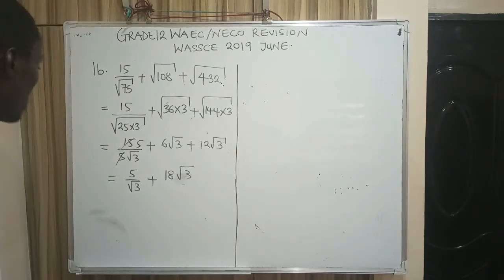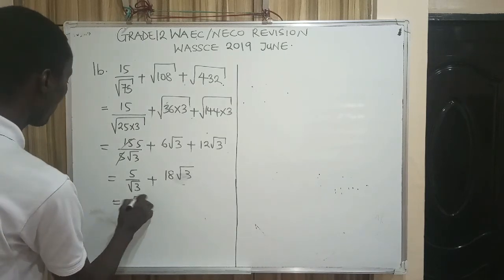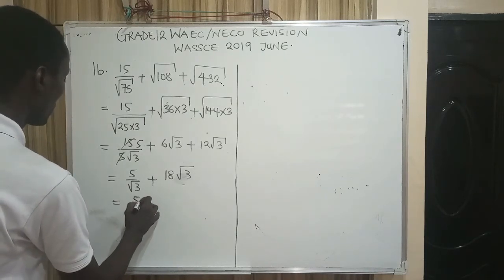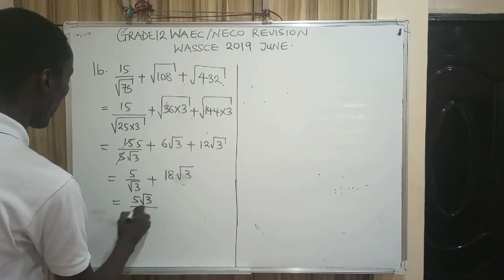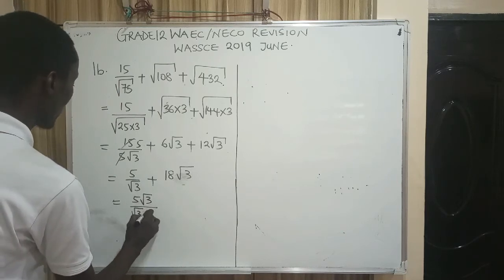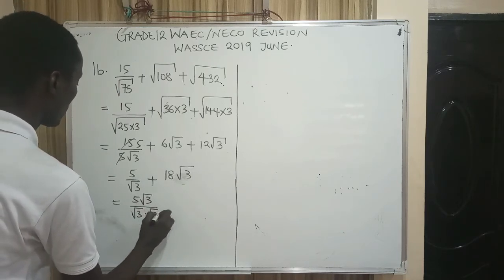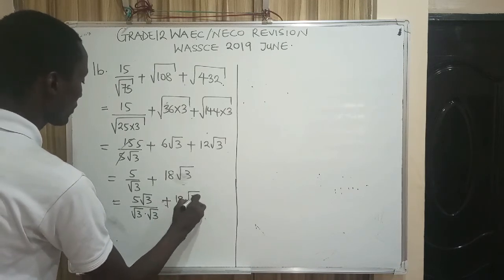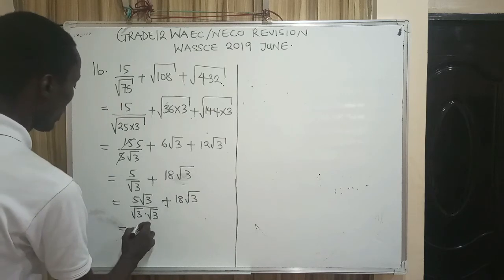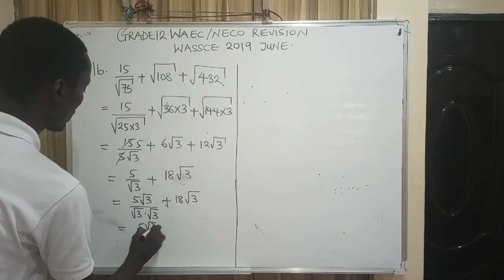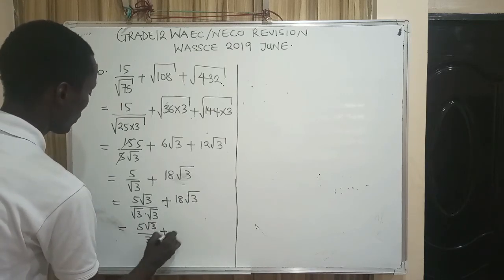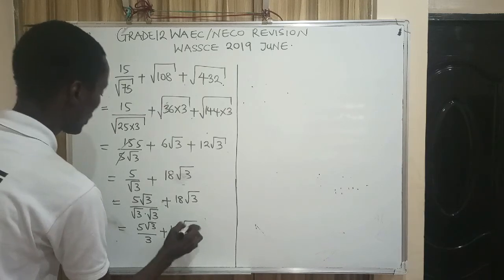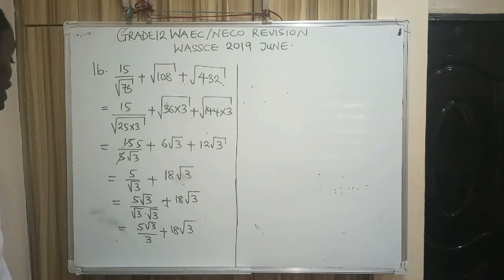I will then carry out a process called what? Rationalization of surds. So this will give you 5 root 3 over root 3 times root 3, plus 18 root 3. So this will give me what? 5 root 3 over 3 plus 18 root 3.